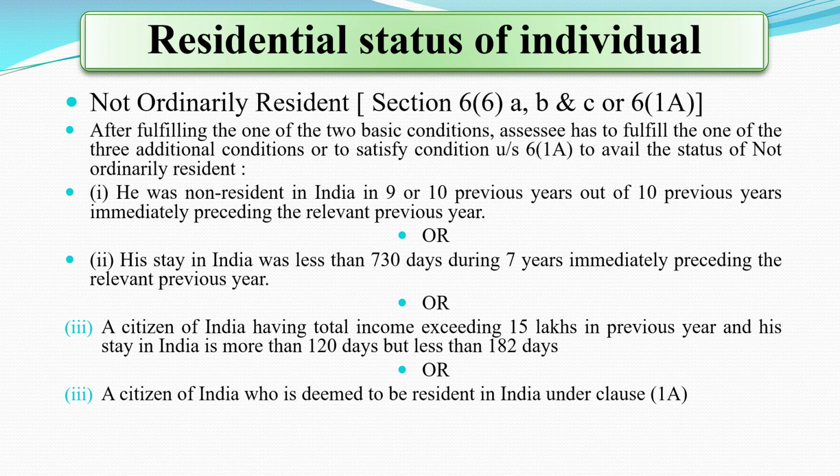The person must satisfy one of the basic conditions under section 6 subsection 1, and second, he has to fulfill one of the additional conditions: that he was a non-resident in 9 out of the 10 previous years, or his stay in India was 730 days or less in the 7 years immediately preceding the relevant previous year, or he is a citizen of India having total income exceeding 15 lakh in the previous year and his stay in India is more than 120 days but less than 182 days.